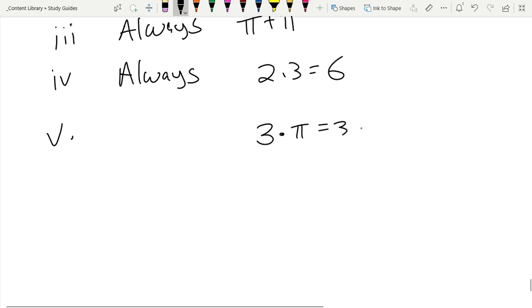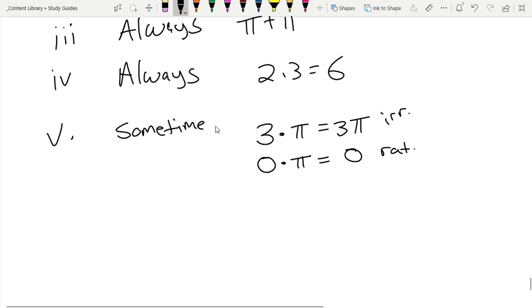Well, that would give you 3 pi, which is going to give you the craziness. So yes, that's true. But what if I chose 0 as my rational number? 0 times pi gives me 0. So sometimes I get irrational, other times I get rational. So this is a sometimes statement. So you always need to check 0 out when working with rational numbers.